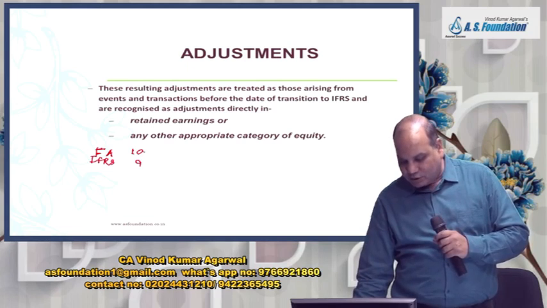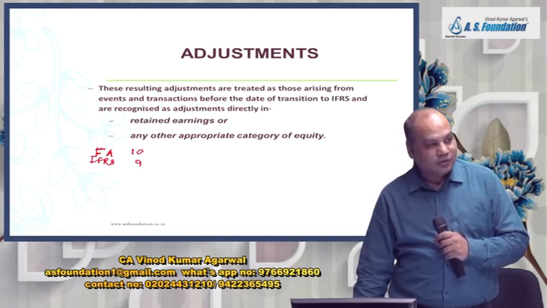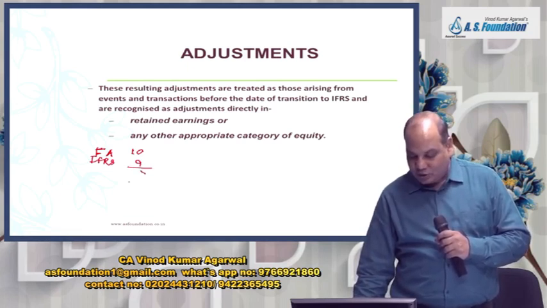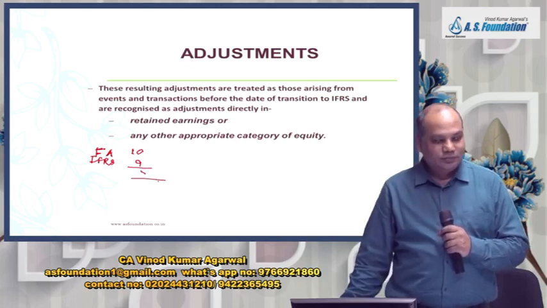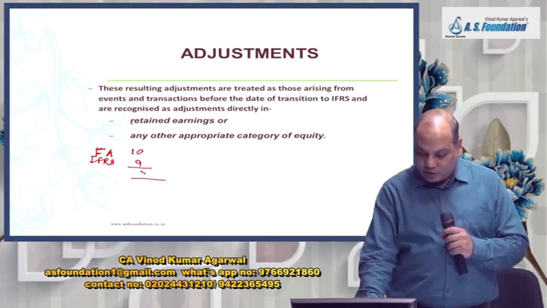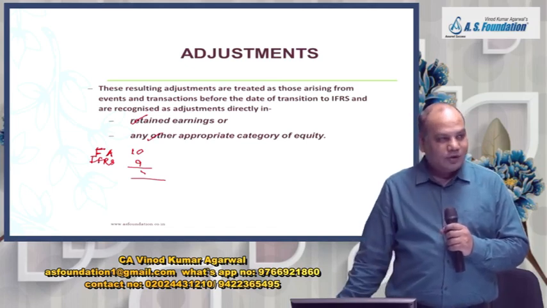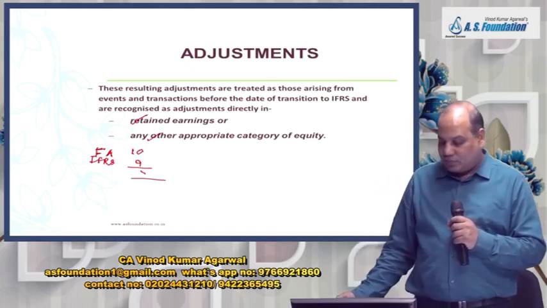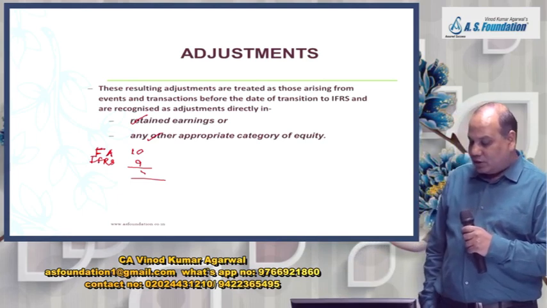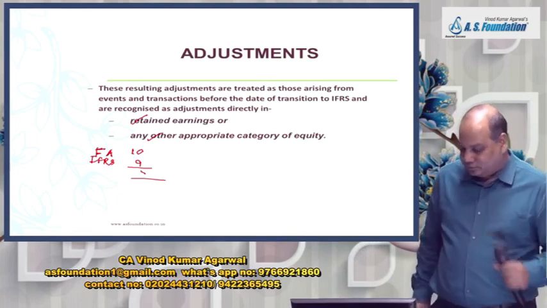So I have to bring it down from 10 lakh to 9 lakh. That 1 lakh has to be adjusted somewhere. So they have said it will be adjusted in one of these two places. Depending upon what that item is, it may be adjusted in retained earnings.